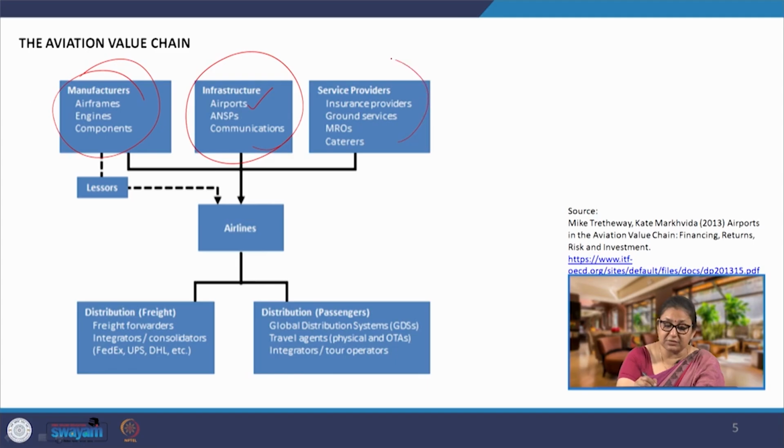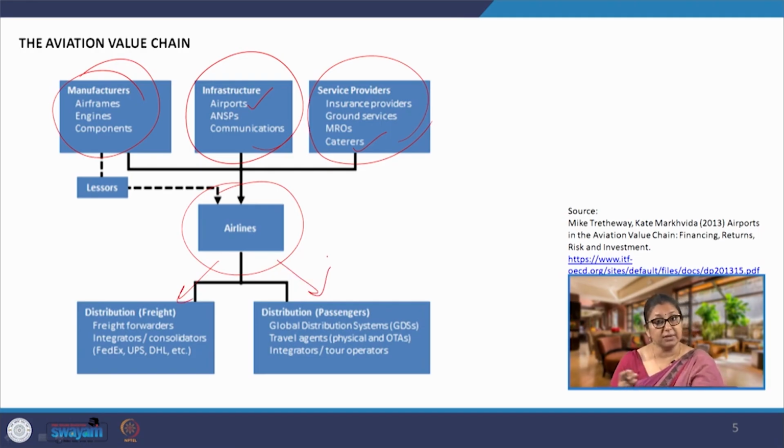And then we have service providers, where we are talking about the caterers, the services, the insurance, financial and all that. These are the three main groups that we are looking at, and they together serve the airlines. Further down, the airlines serve freight and passengers. So, it transports freight, and it also transports the passengers.